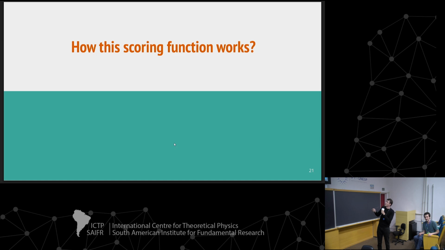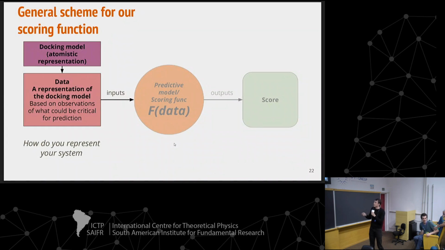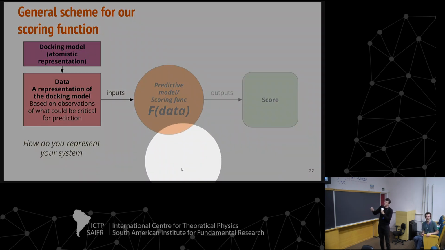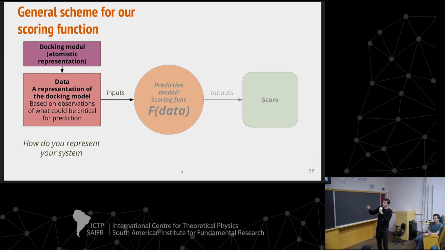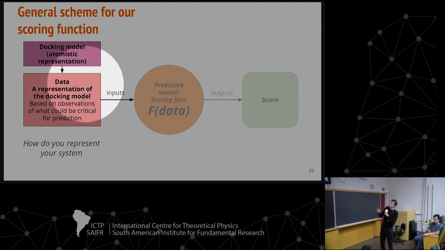Okay, so how does the scoring function work? I'm going to go very briefly because I'm running out of time. You start with the atomic representation of the docking model that you want to score. You have to choose a representation for your scoring function, then you score your docking model.